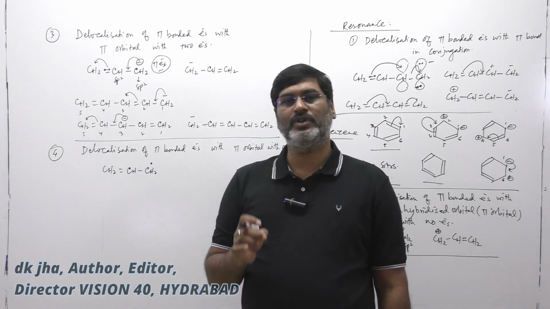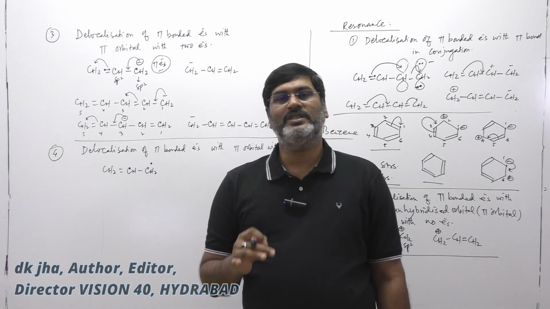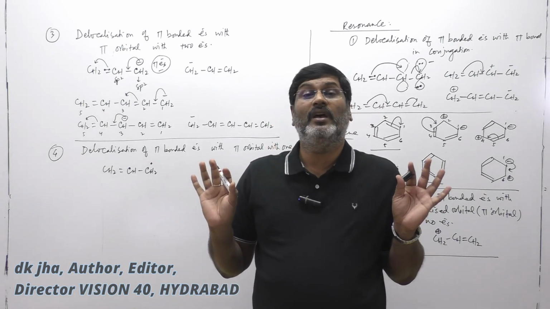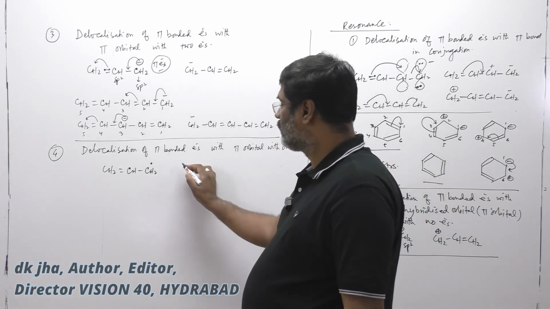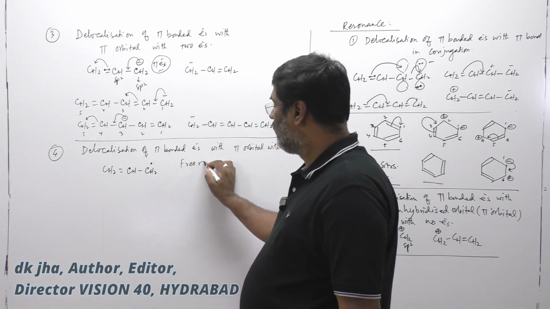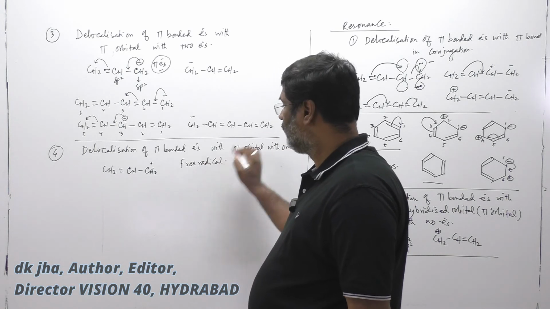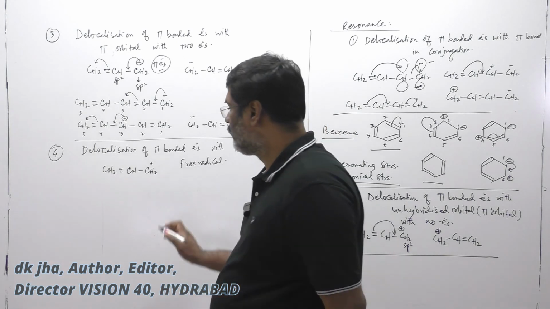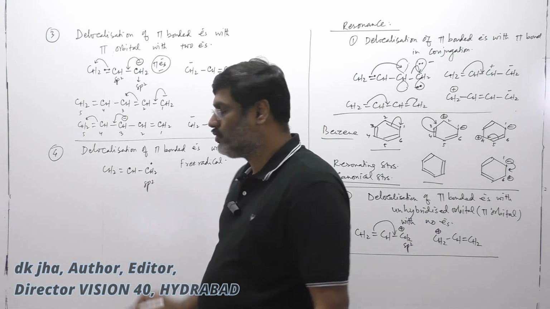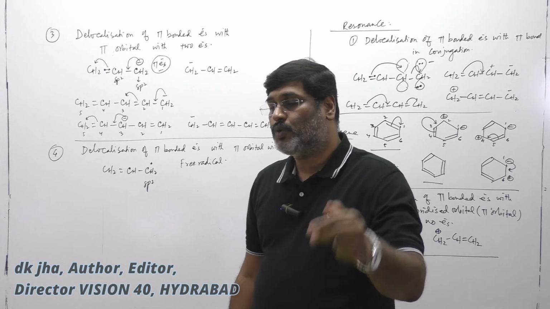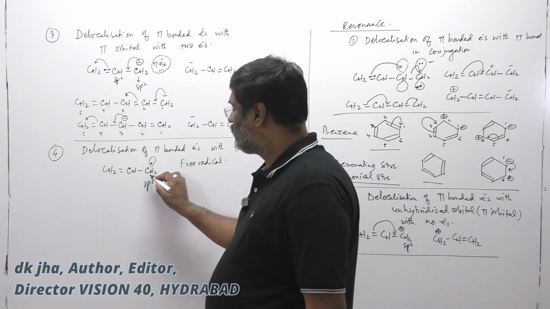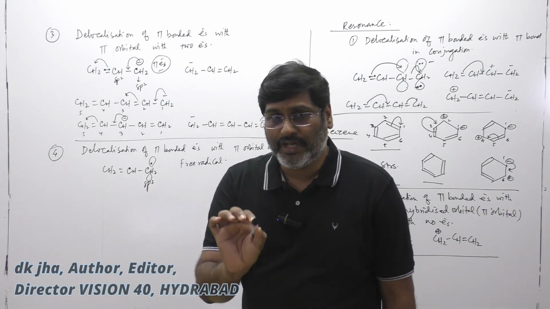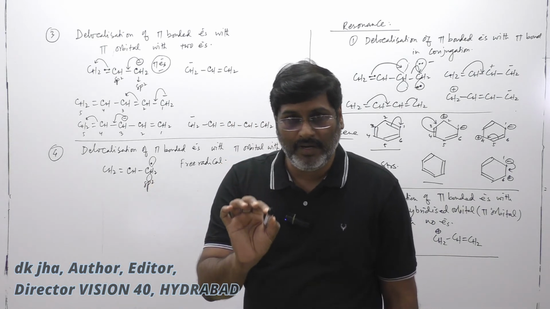This carbon is present with one electron. We say this species is a free radical. What is its hybridization? sp2. What is the meaning of sp2? There is one unhybridized orbital which contains one unpaired electron.